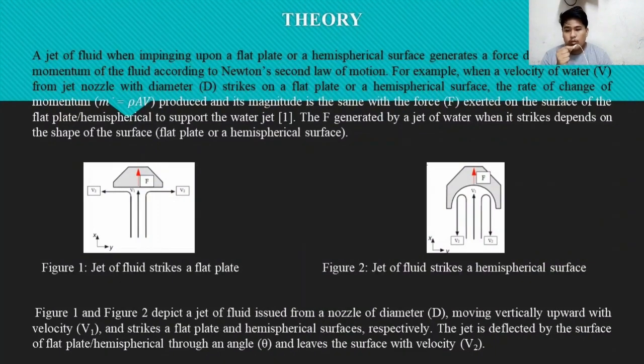Figures 1 and 2 depict a jet of fluid issued from a nozzle of diameter d, moving vertically upward with velocity V1 and striking a flat plate and hemispherical surface, respectively. The jet is deflected by the surface through an angle theta and leaves the surface with velocity V2.